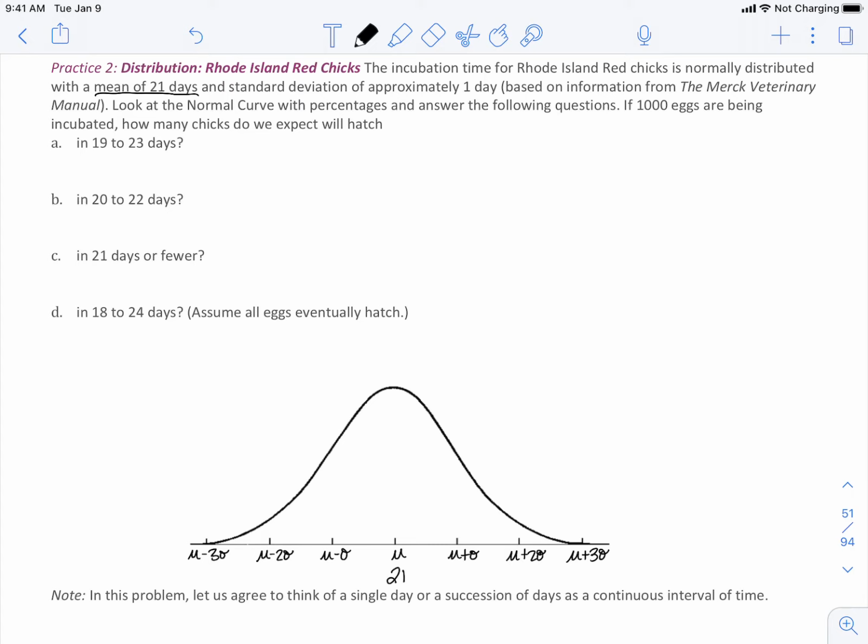Standard deviation is approximately 1 day. So going to the right, we're going to add 1: 22, 23, 24. Going to the left, we're going to subtract 1: 20, 19, 18. Okay, then we can answer our questions. Actually, let's go through and fill in our percents first. That will help us.